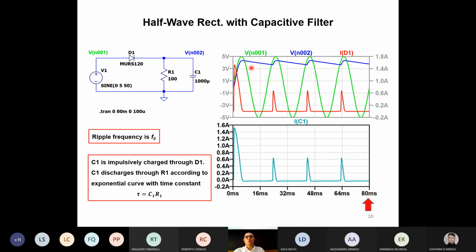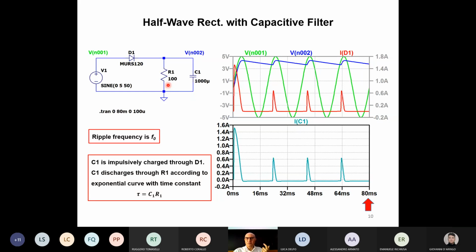So what we see here is an exponential discharge with a time constant given by C1 R1. That is written here. The capacitor charges following the input voltage because it's charged through the diode D1. But when the diode opens, the capacitor can discharge only through R1.